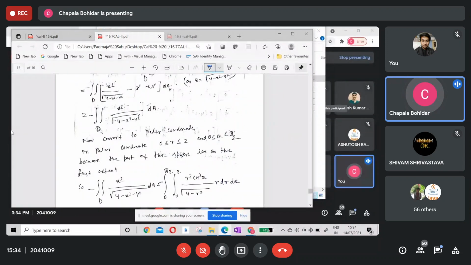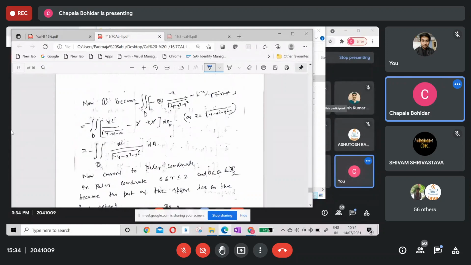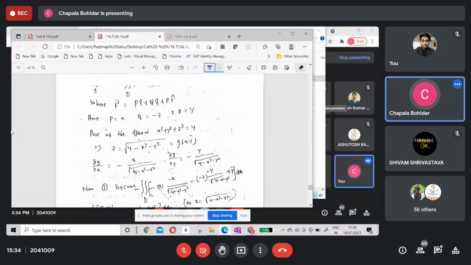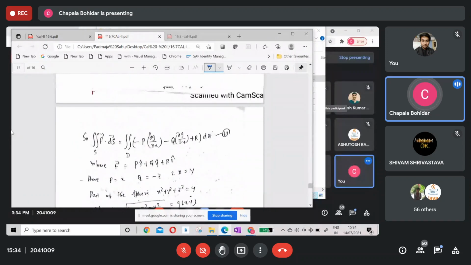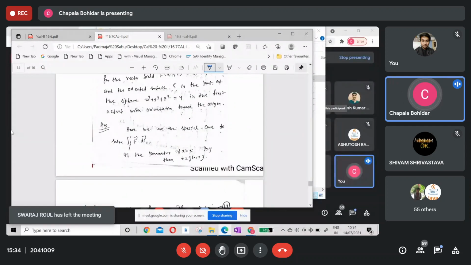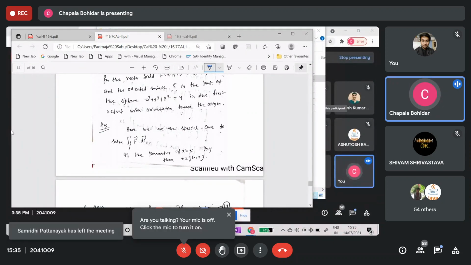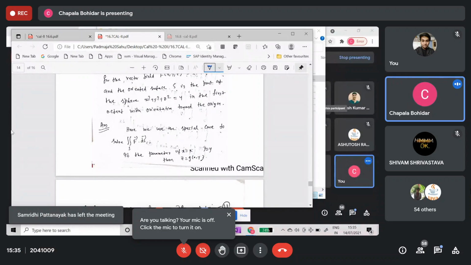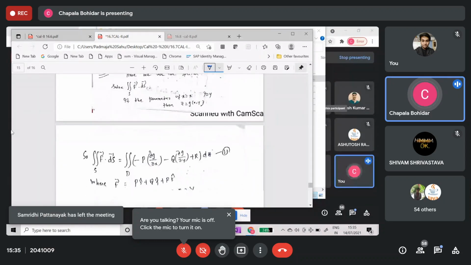So in polar form, you see here, for the sphere, x square plus y square plus z square is equal to 4. On the plane, x square plus y square is equal to 4. So for the circle, r lies from 0 to 2, and theta lies from 0 to 2 pi.